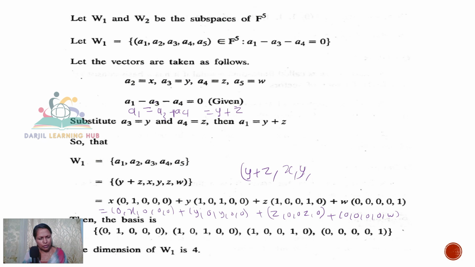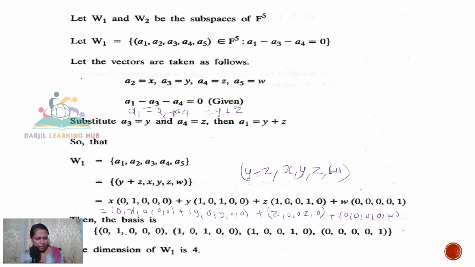The fourth coordinate is 0 plus 0 plus z plus 0, that is z. The fifth coordinate is 0 plus 0 plus 0 plus w, that is w. So this can be written in this form, (y plus z, x, y, z, w). Correct?